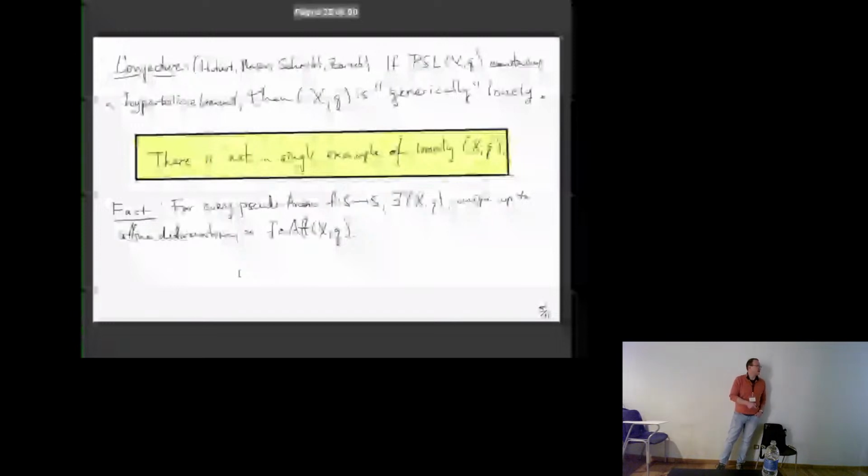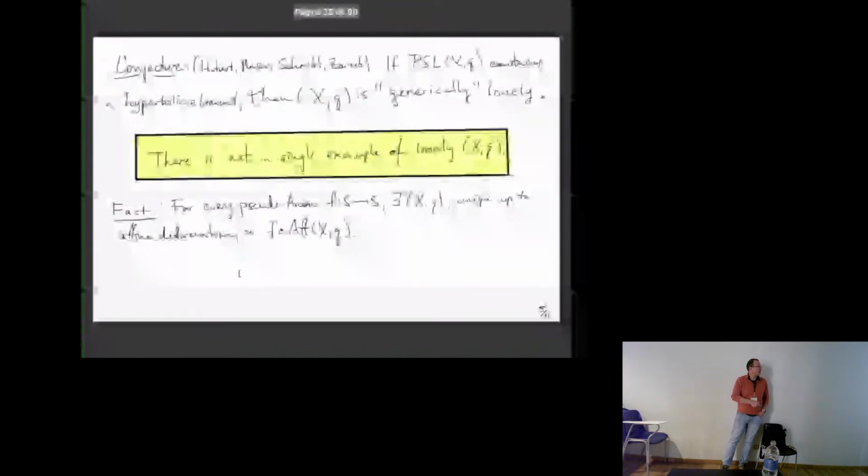It's supposed to fiber over the circle, and you can see it from this construction. If I take the product and glue the top to the bottom by F, I can project the product onto the interval, and then the top of the interval gets glued to the bottom, and that's a circle. That projection onto the interval is your fibration over the circle, and the preimage of any point is a copy of the surface S0. The surface S is transverse to this flow, by construction.